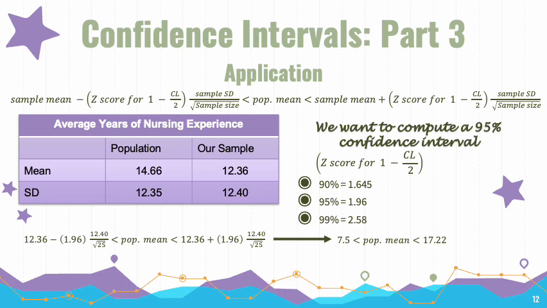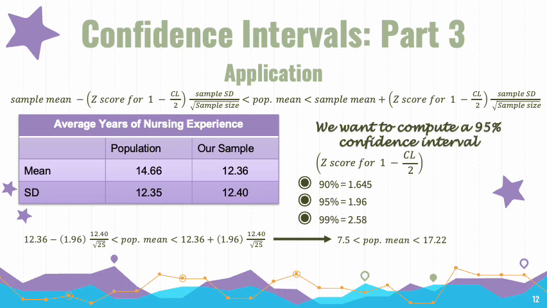So we can be 95% certain that the population mean for years of nursing experience is going to fall between 7.5 years and 17.22 years.